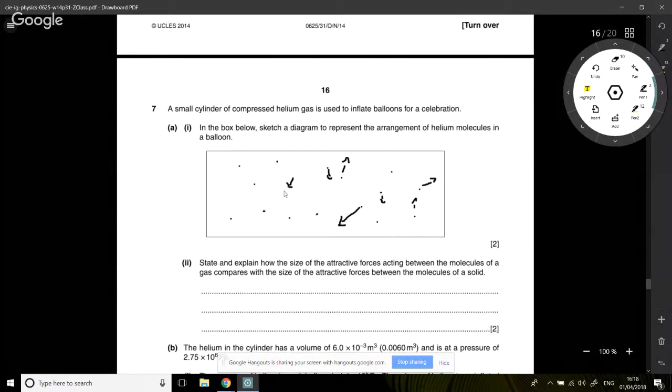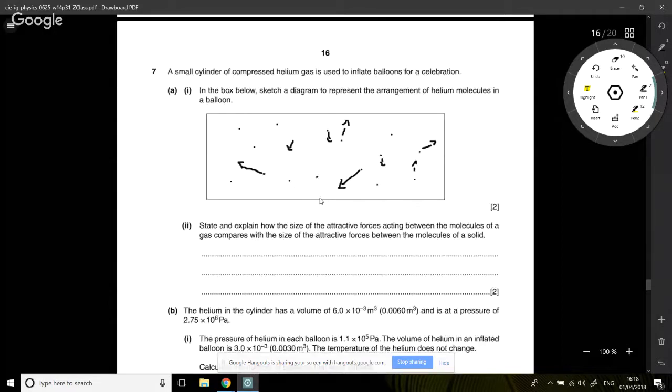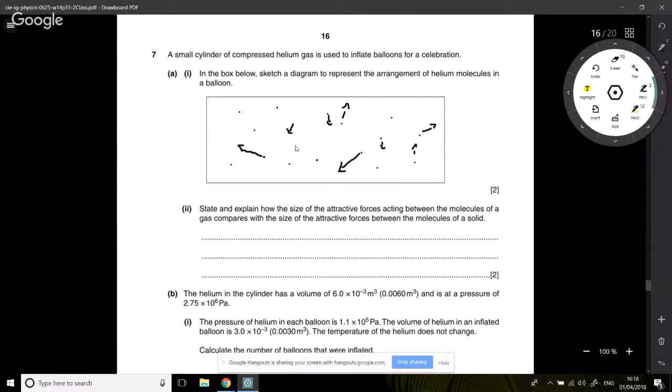And if you want, you can draw in some vectors for motion to show that some are fast, for example, like this one moving in this direction, and that one randomly moving in another direction at a slightly slower speed, and maybe another fast one, and so on. You're just trying to bring across to the marker that you understand that gas behaves in this random motion pattern with no particular structure to it.